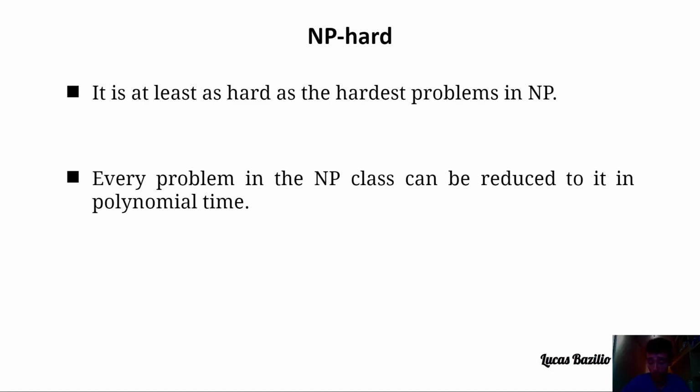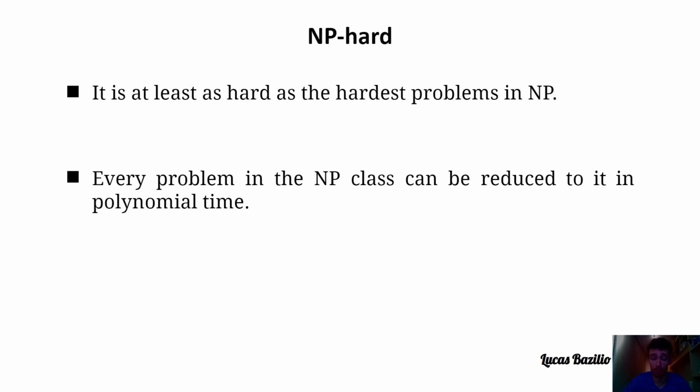The NP class refers to a class of decision problems in computational complexity theory, the problems where, given a potential solution, there is a polynomial time algorithm that can determine whether the solution is correct or not. However, finding the solution itself may not be polynomial time solvable. And we see that this problem is NP-hard because every problem in the NP class can be reduced to our problem in polynomial time.